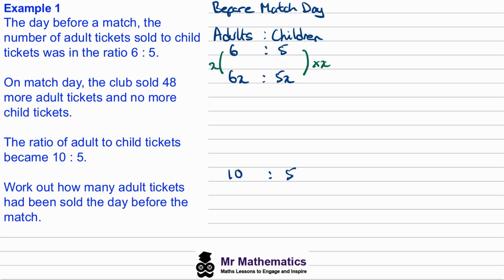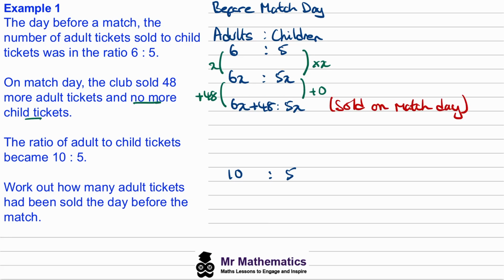Now this allows us to add 48 tickets for the adults and 0 tickets for the children. So now the total number of tickets sold on Match Day would be 6x plus 48 to just the 5x. And then we're told that this ratio on Match Day simplifies down to 10:5.